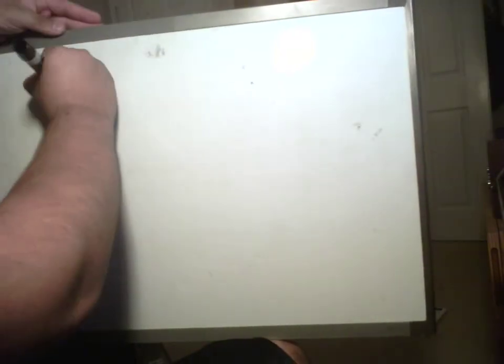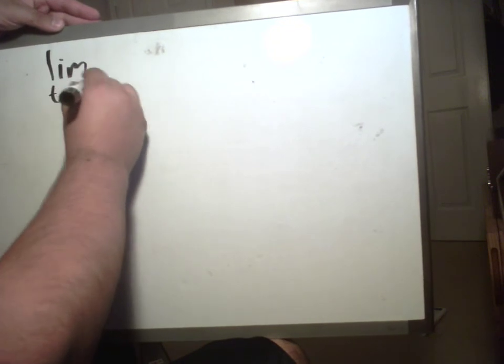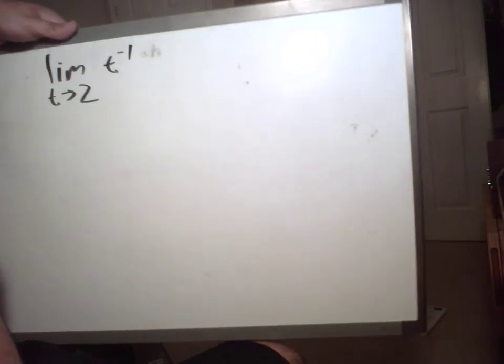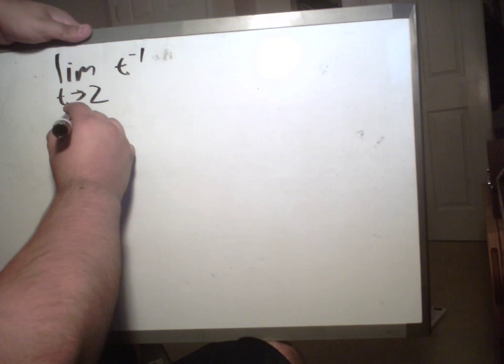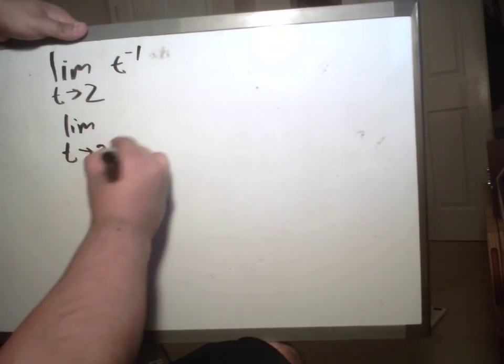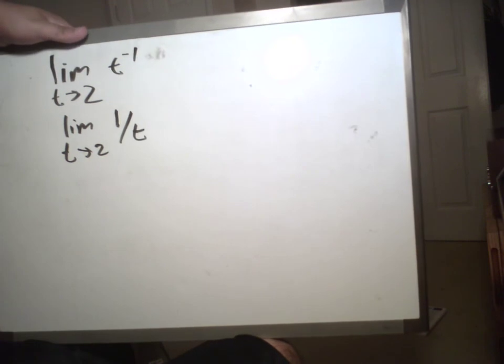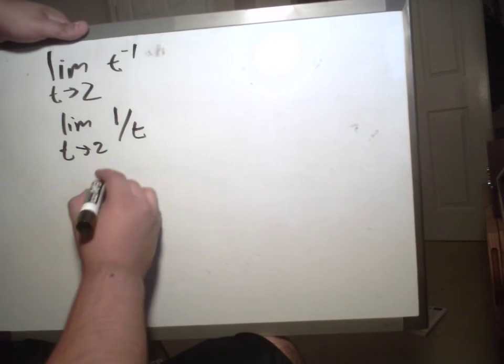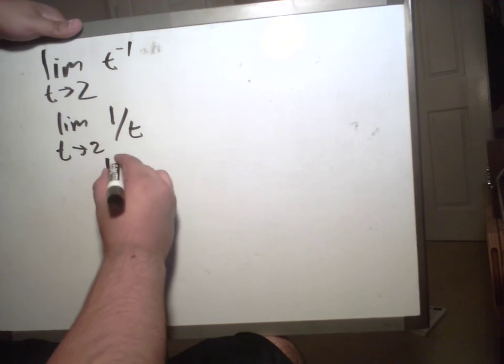So we will try the limit as t goes to 2 of t to the minus 1. Well, at first this one might look a little bit difficult, but what we can do is rewrite the limit as t goes to 2 of 1 over t. And then we go ahead and plug in the limit on top and bottom of the fraction.